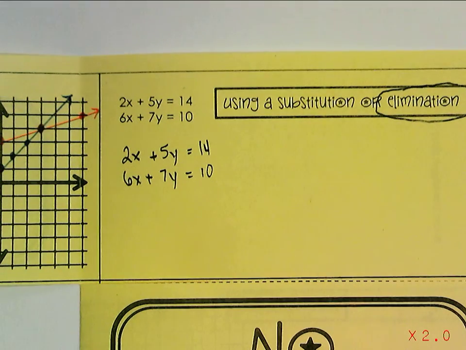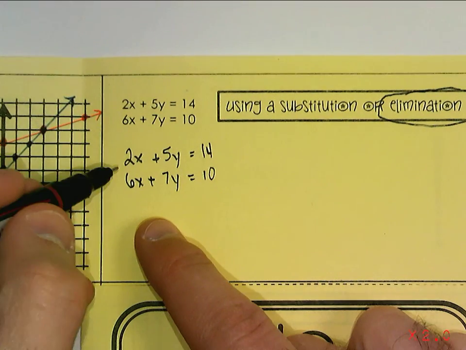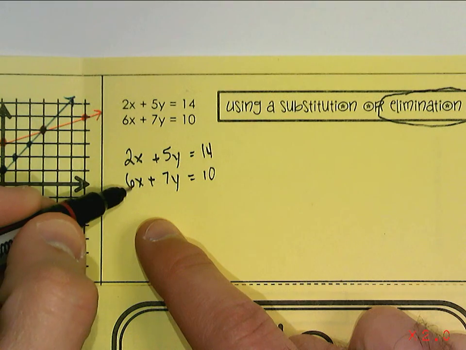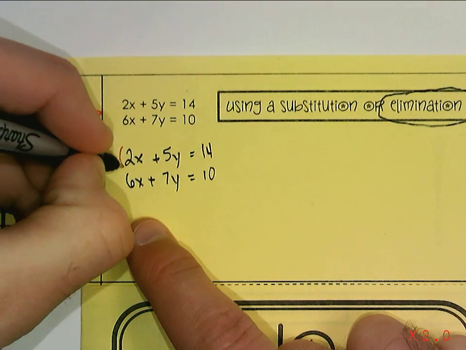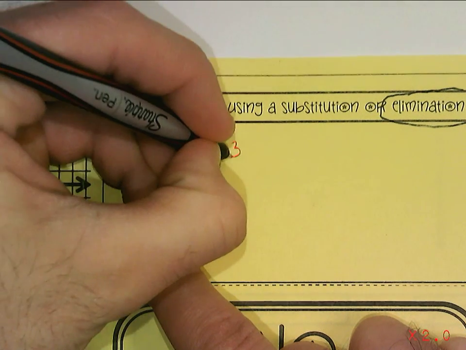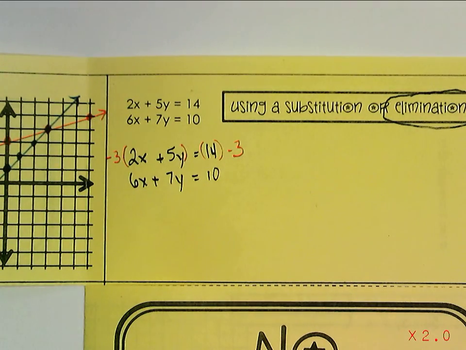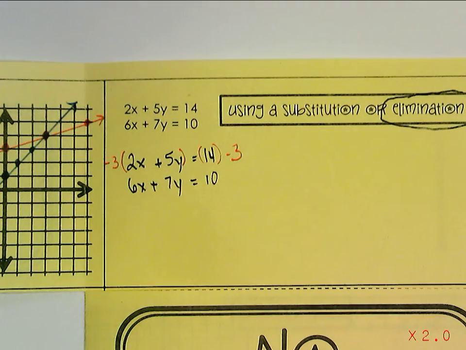So we're going to have to use some multiplication first, even before we can do addition or subtraction, in order to eliminate. What I see here is 2 and 6, and I can make this 2 a negative 6 by multiplying both sides by a negative 3. That would be the quickest way to do that. So if I multiply that through, I'm going to rewrite this equation next to it.